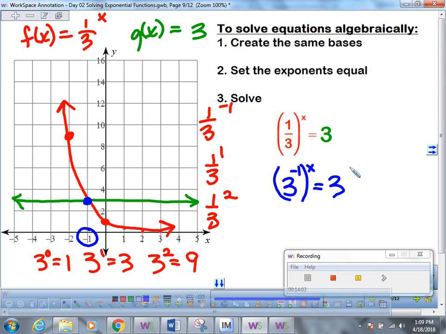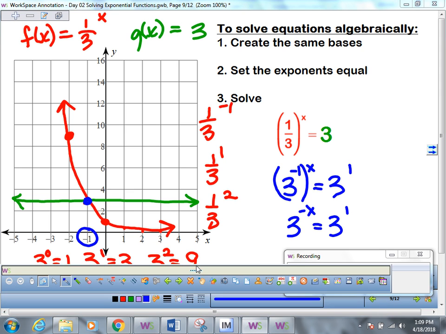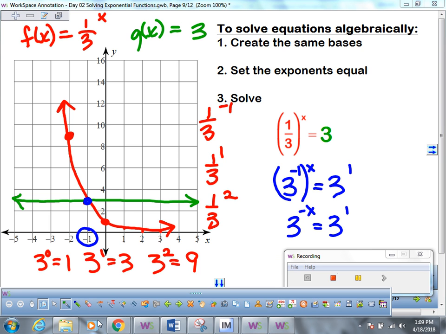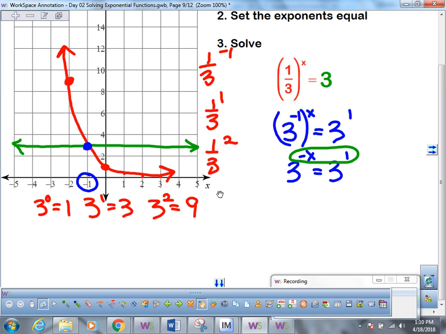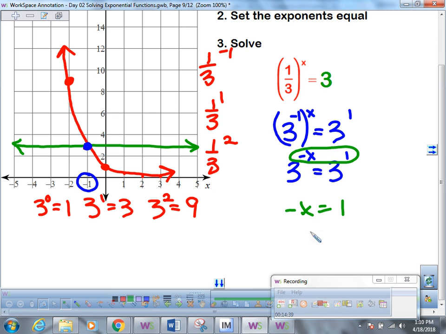And this is 3 to the 1. So this is really 3 to the -x equals 3 to the 1. Now I have common bases, and so now I can compare my exponents. So I have -x equals 1, so x must be -1.